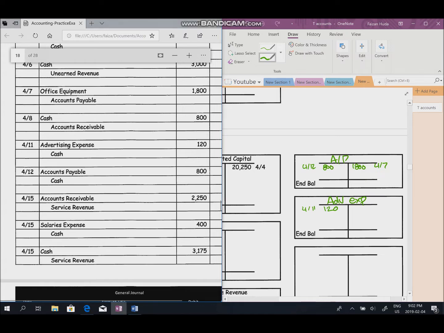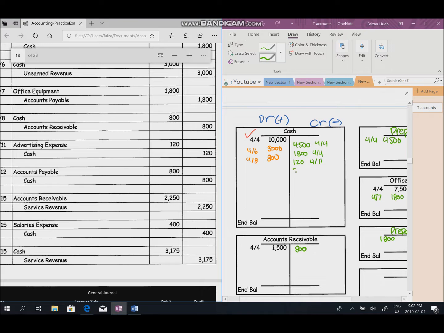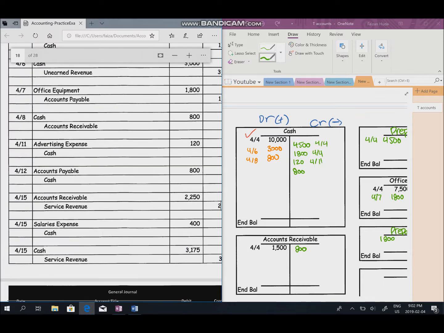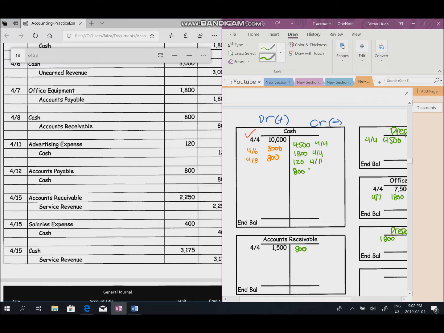And cash is being credited by 800. So credit cash 800. As you see, cash is being credited, so I'm going to put this amount on the credit side, which is this side. I believe we're doing the accounts payable transaction, which is 800. Yep, so it was April 12th.